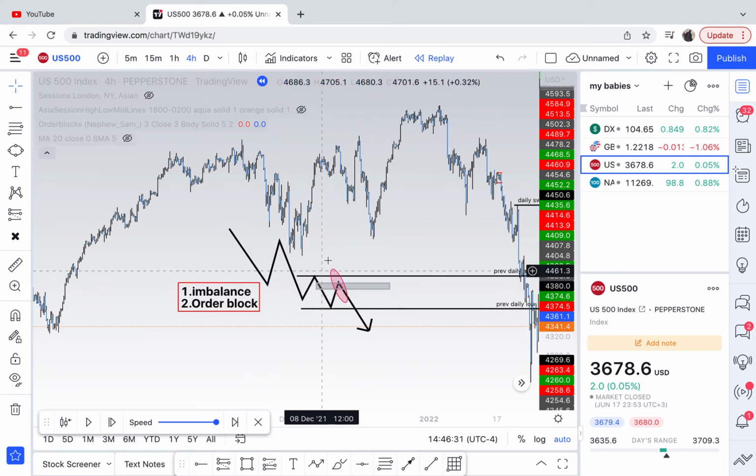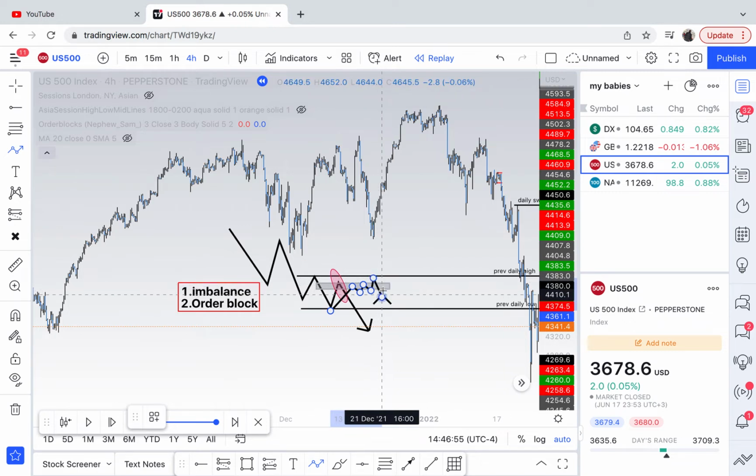All right, and then you can either look for the confirmation entry in the form of breaker structure. So let's just say came in here for some kind of liquidity starting to form, a sweep of that liquidity, a breaker structure, and then we'll get active for the trade right here to take it down.